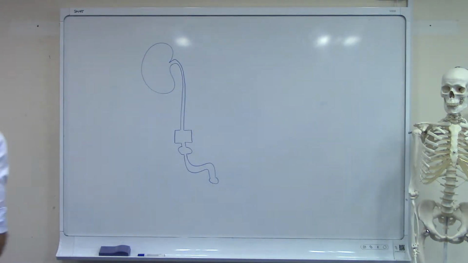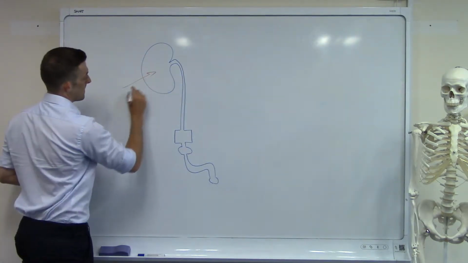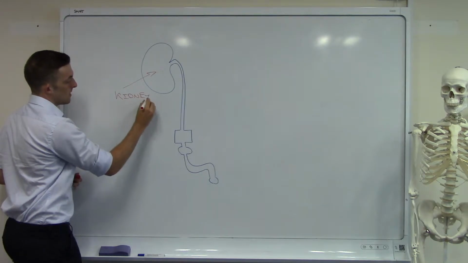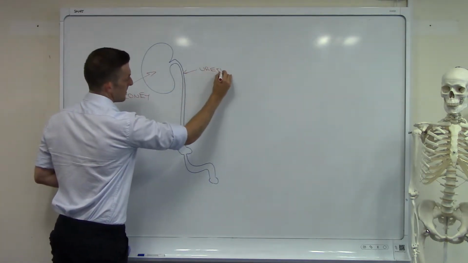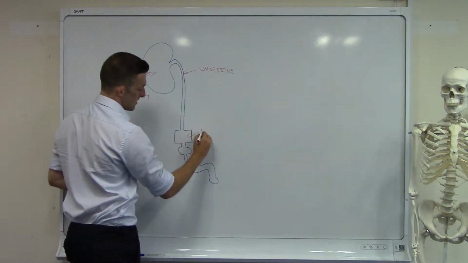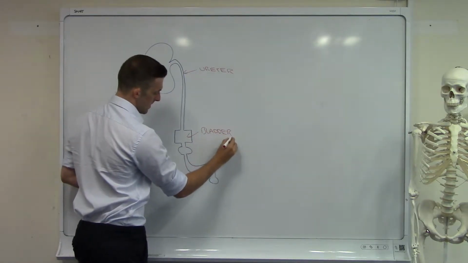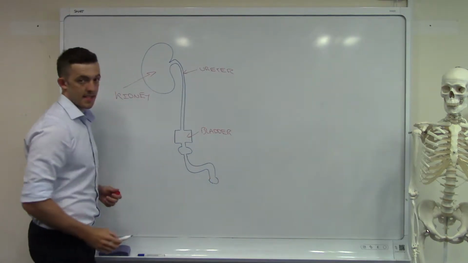So if we look at the schematic on the board, this is our kidney connected to our ureter. The ureter will connect to our bladder, and then we see the urethra exiting the bladder.